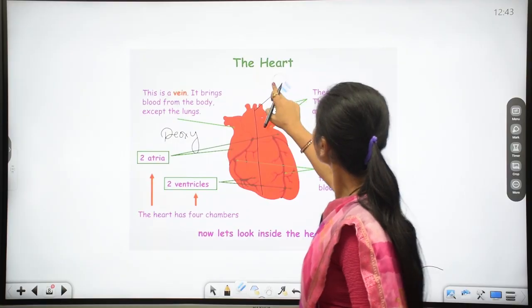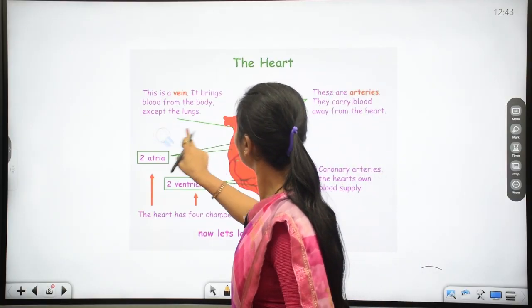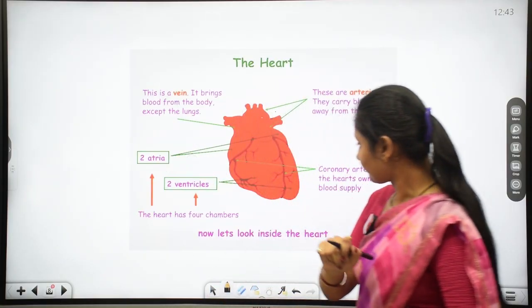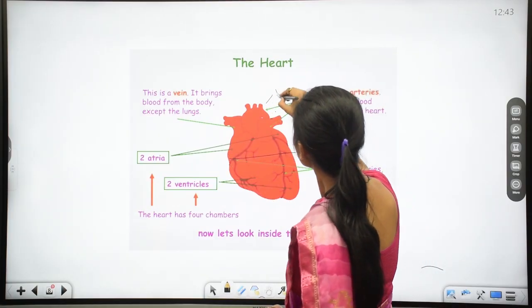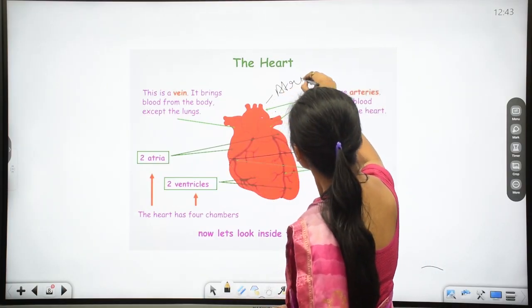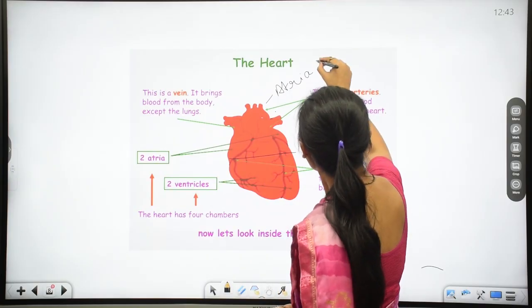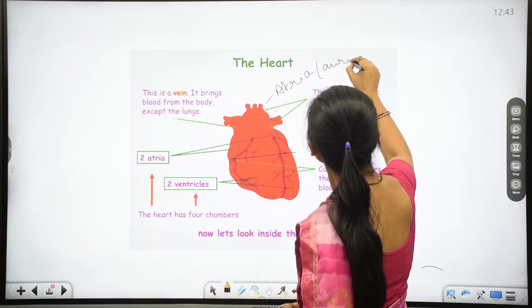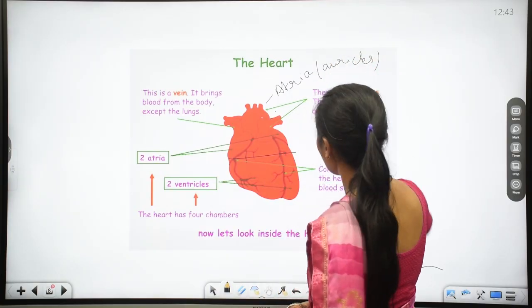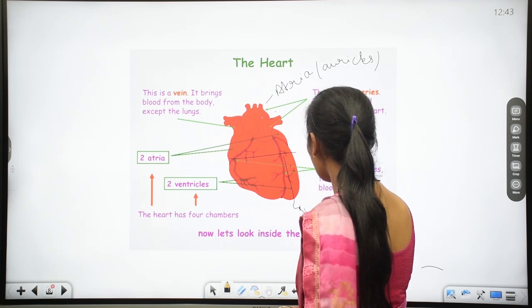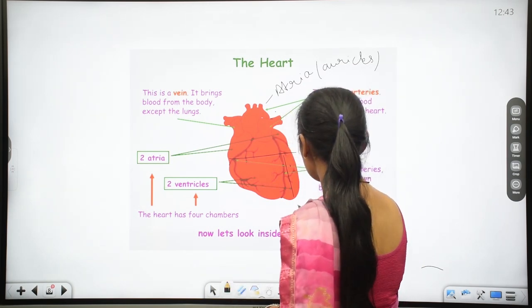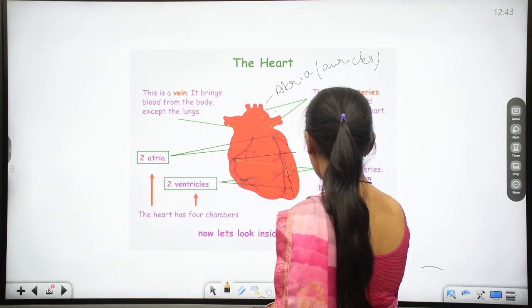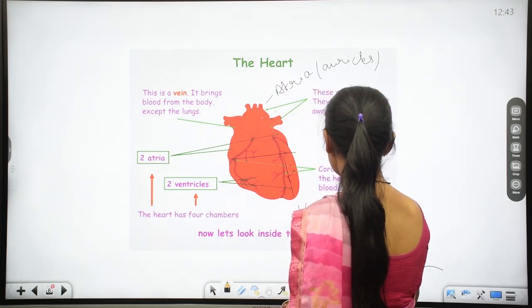And then the upper part of your heart is known as the atria or the auricles, and the lower part is known as the ventricles.